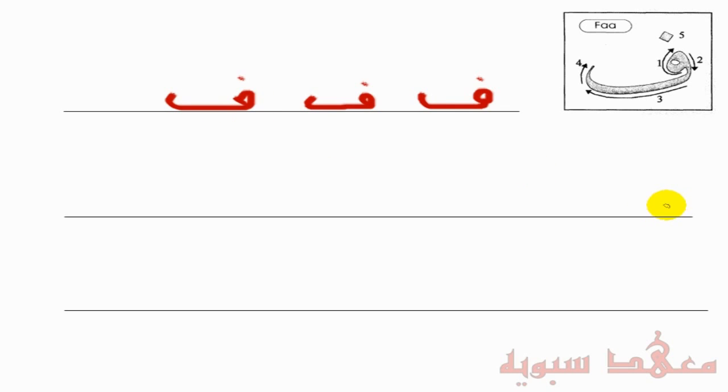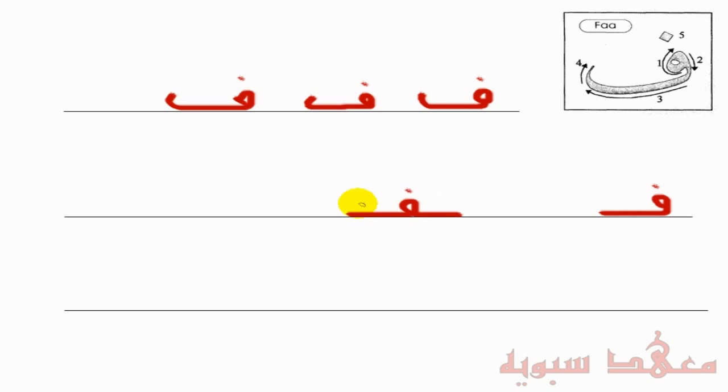Now in the beginning of a word, it's as follows, and it connects to what comes next. In the medial form, you go across, that's the previous letter, and then do a loop, and then come down. And that connects to the next letter as well, and then you put the dot. You do the dot at the end when you complete the word.